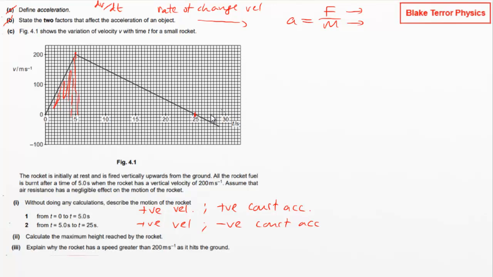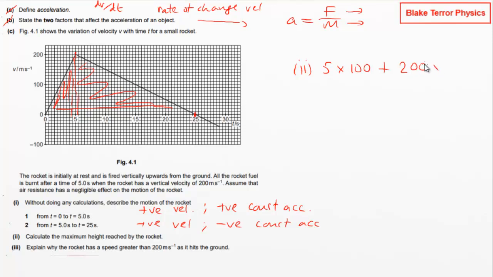It's still going upwards. This is all positive velocity. So we want the full area of all of this to get the maximum height. So for one of these triangles, we've got 5 times 100, and the other one is we've got 20 times 100.